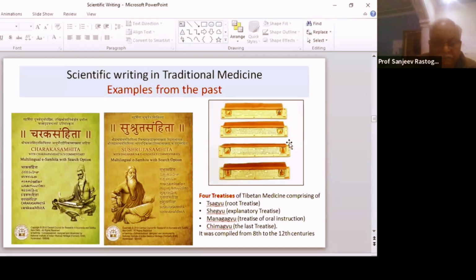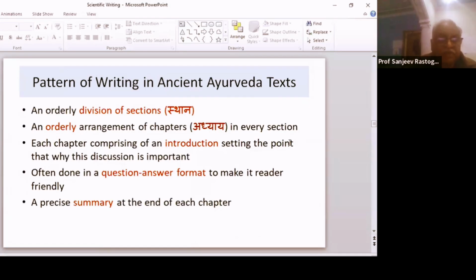There were people in ancient times who thought of documenting the knowledge they had so that future generations could utilize it. This is the beauty of scientific writing, and it has been a specialty of traditional medicine since long past.